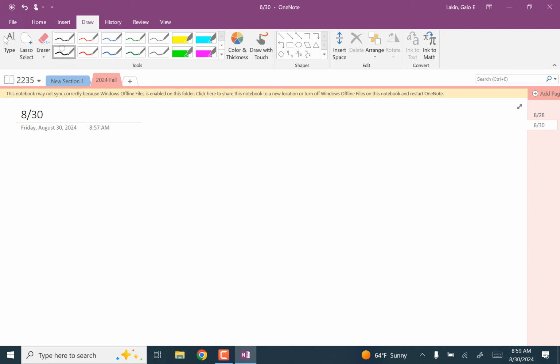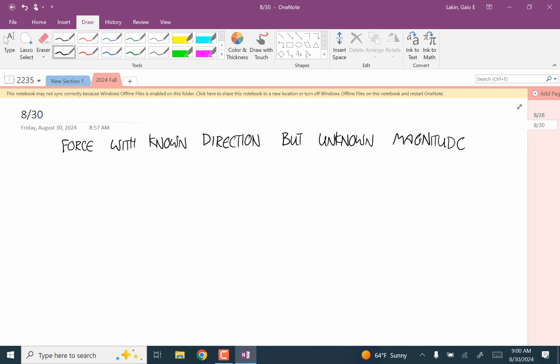So, a force with a known direction but an unknown magnitude. Now, you could think of this as a force that has two unknown components, so you could easily represent it with two variables.